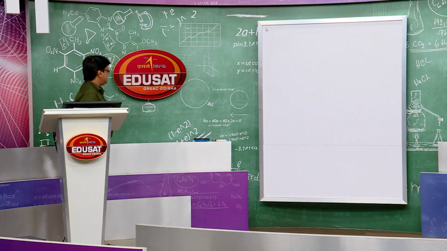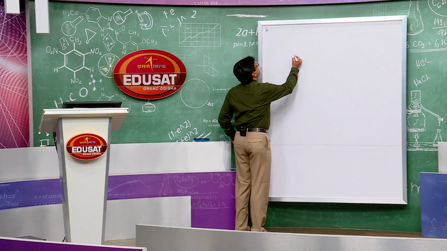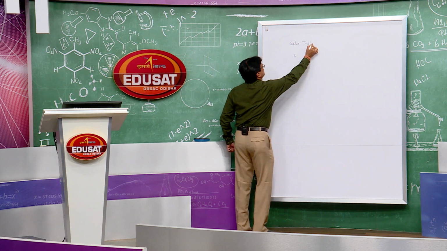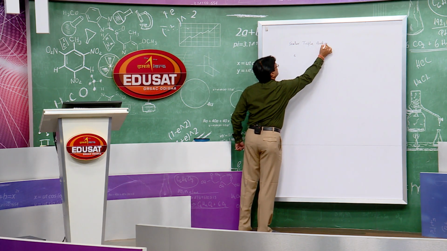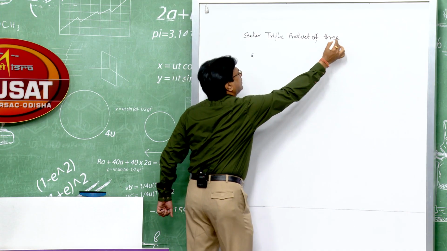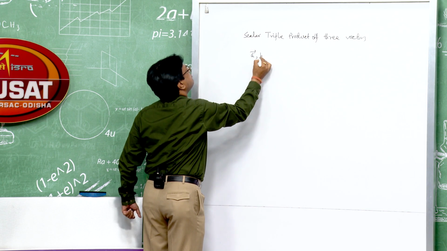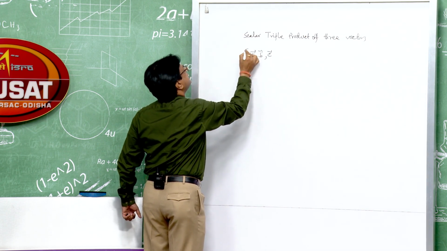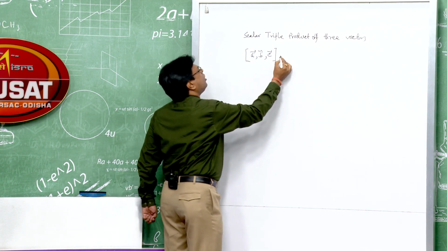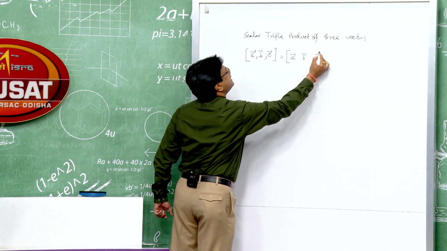If A, B and C are three vectors, then the scalar triple product of the three vectors A, B, C can be written in this form. A, B, C separated by commas, or we can also write A B C with gaps.